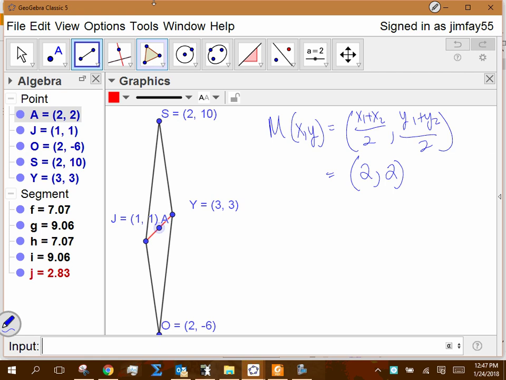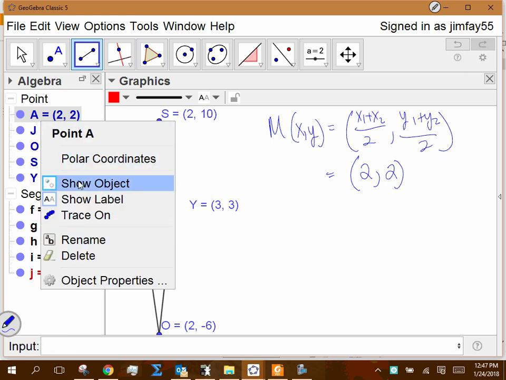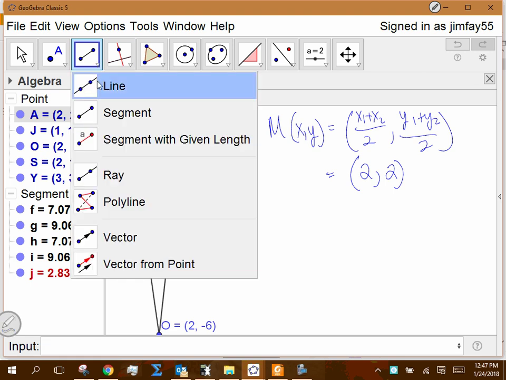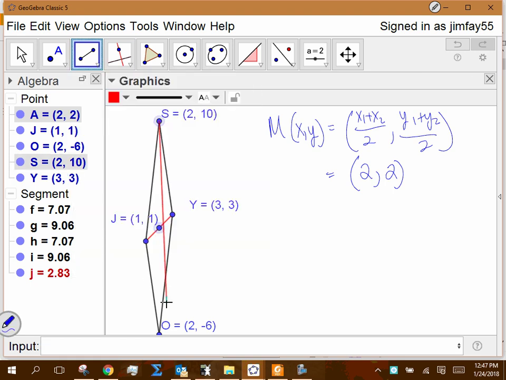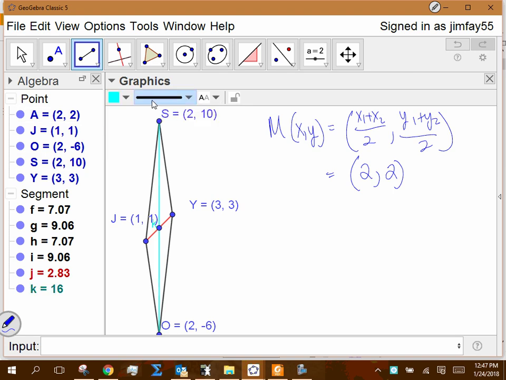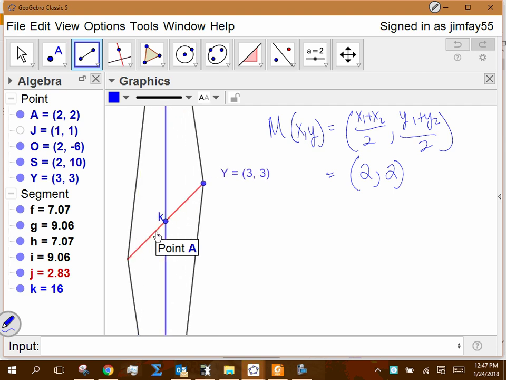It's that point right there, right? Now, what I want to see is whether this segment here, make it that blue, passes through that midpoint of 2, 2. Now, it looks like it does, right?